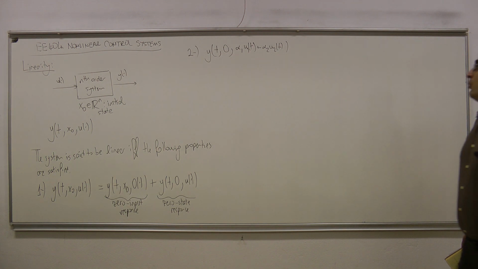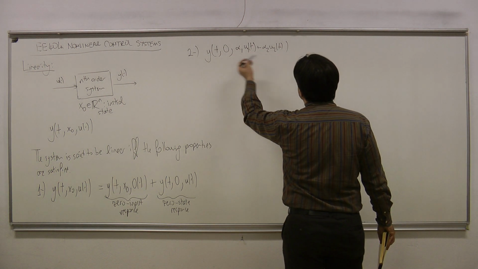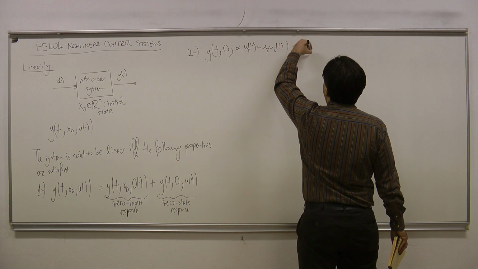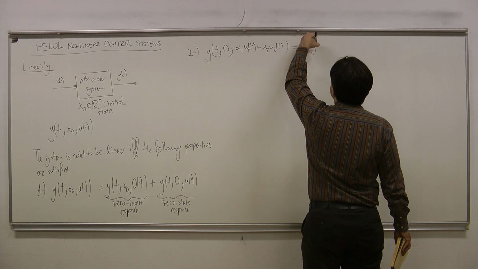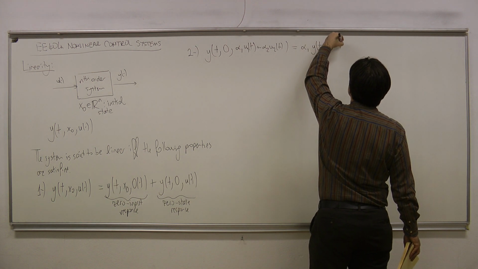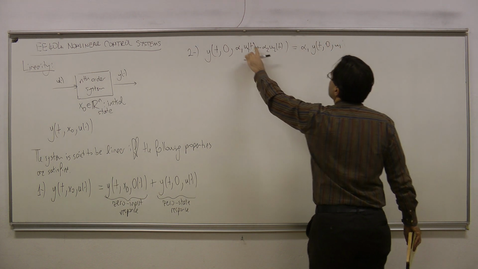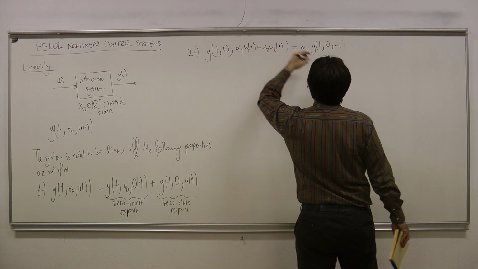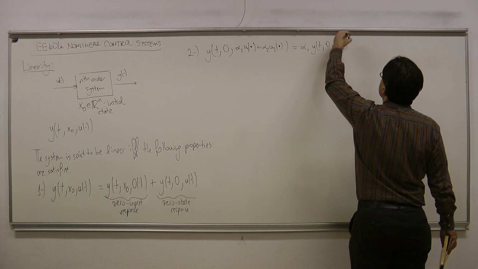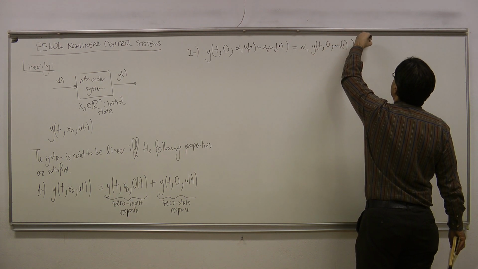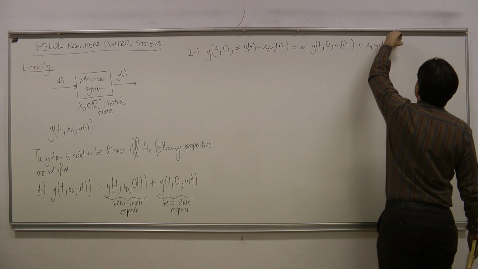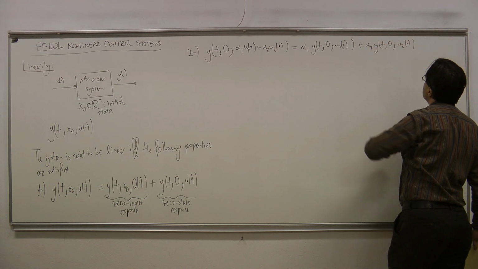For a linear system, the response would be equal to alpha 1 y(t0, u1), well, let me put here my dots so I don't want to specify a time instant, u1, plus alpha 2 y(t0, u2). Okay?